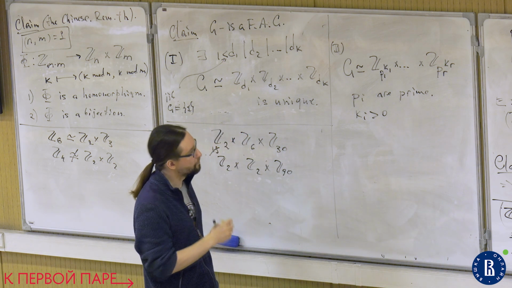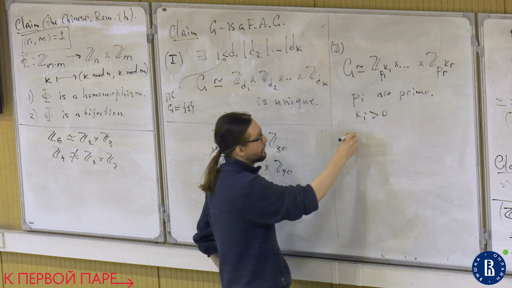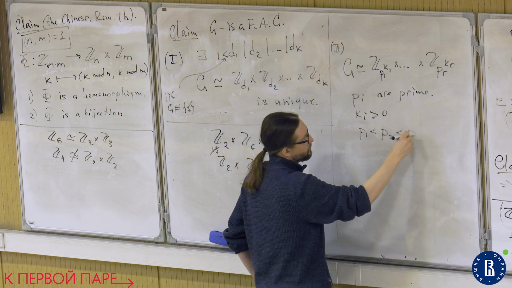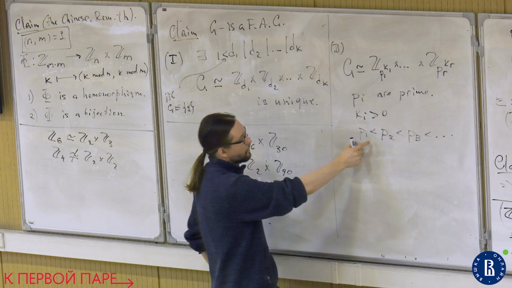And if you order these elements, P1 is strictly smaller than P2, which is strictly smaller than P3, and so on.